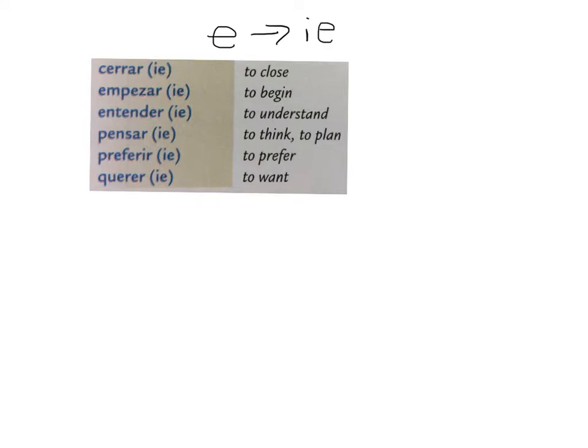So remember, if we look at these verbs, our stem is right before the ending there. So we have cerr, empez, entend, pens, prefer, and quer. And for these verbs, you need to memorize when you see them that when you're conjugating them, instead of using the e for the most part, you're going to need to use an ie.